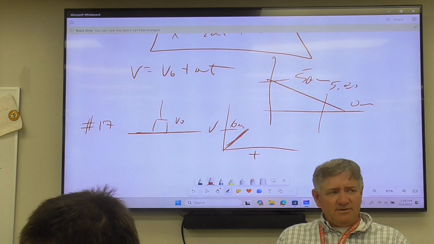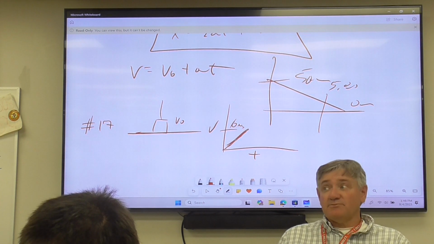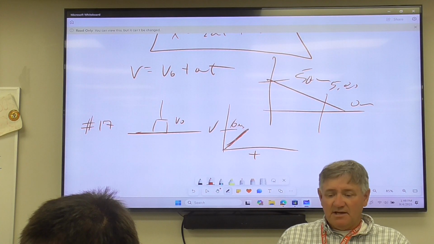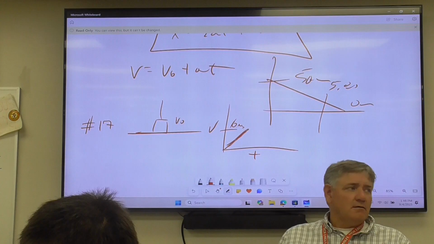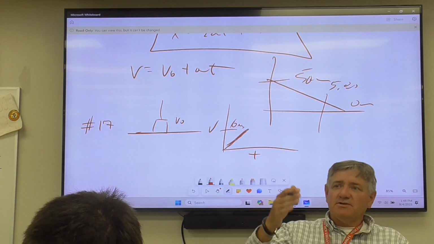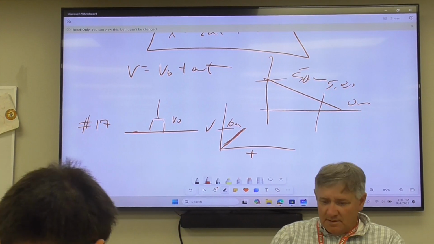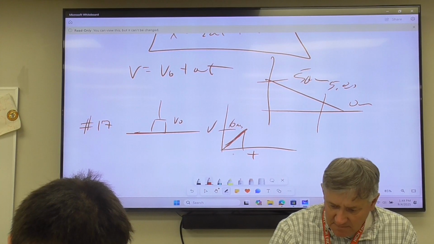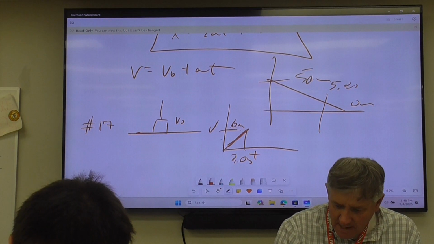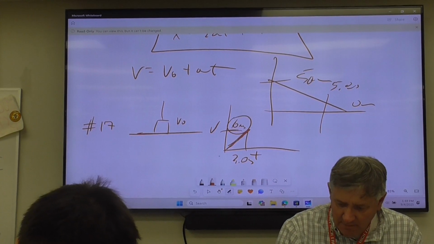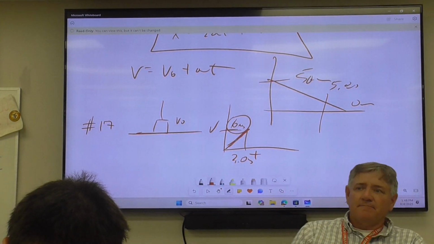If you can accelerate at 2 meters per second squared, which is a rate of change in velocity, how long is it going to take for you to get to 6 meters per second? 3 seconds, because you go from 0 to 2, 2 to 4, 4 to 6. So you know this is going to be 3 seconds, and at that point they're going to be going 6 meters per second.